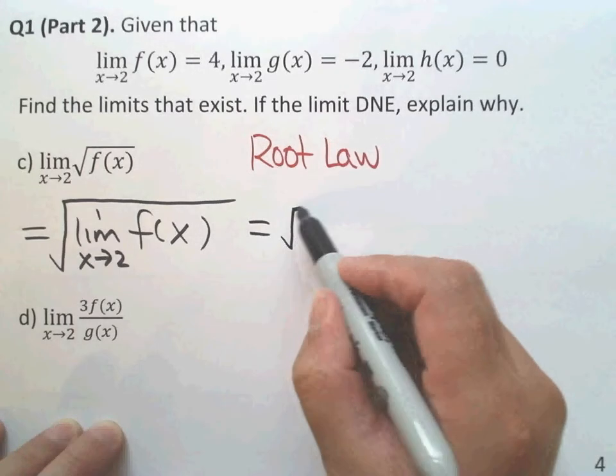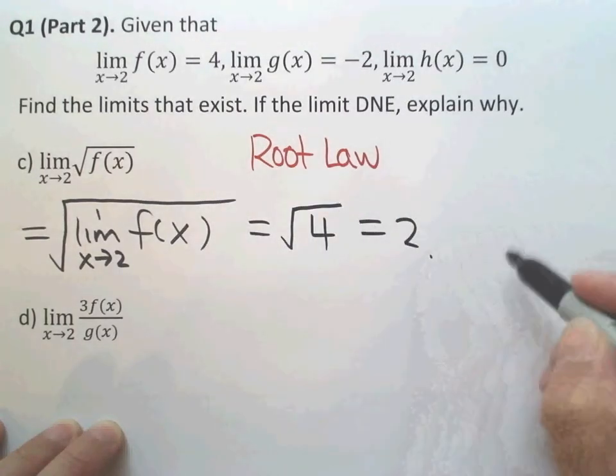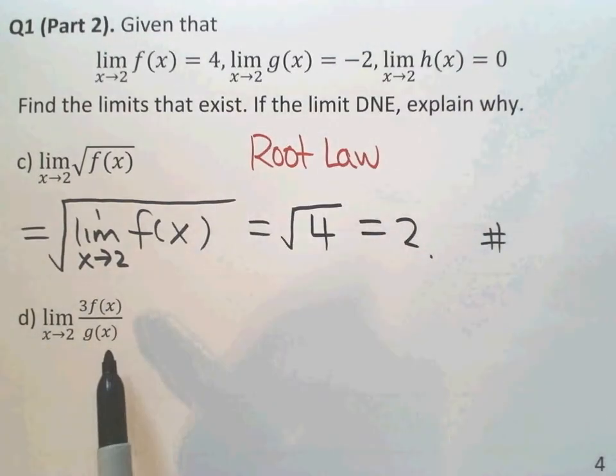Then all we need to do is plug in. The limit of f is 4, so it is the square root of 4, which is 2. That's easy to get.